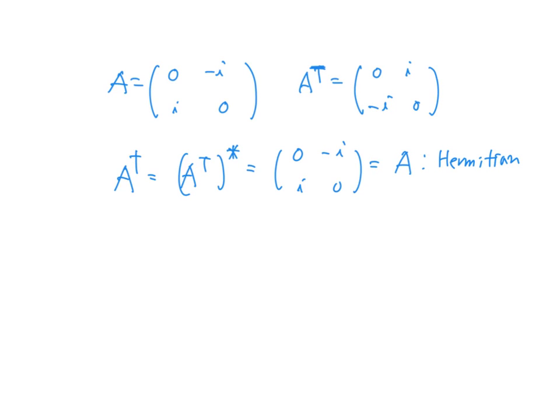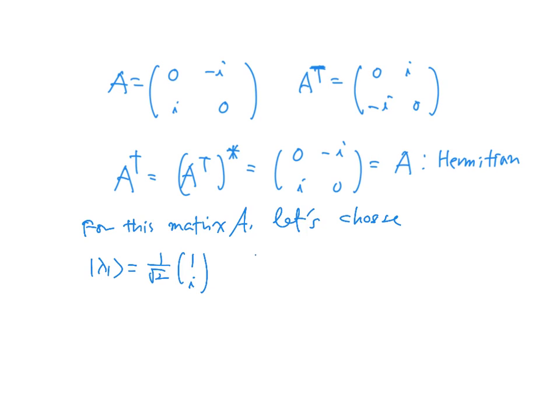And for this matrix, let's choose lambda 1 as 1 over square root of 2 times (1, i), and lambda 2 as 1 over square root of 2 times (1, minus i). We need to check whether this is an orthonormal basis.